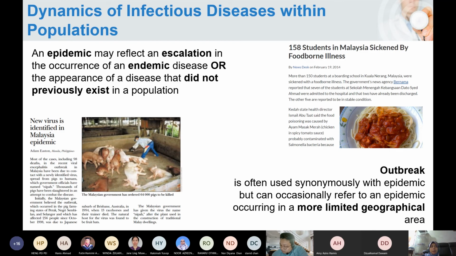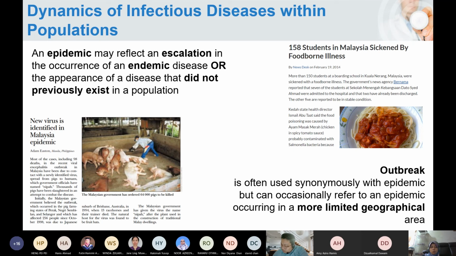Epidemic, what is epidemic? Reflect escalation in the occurrence of an endemic disease. We are having dengue, but suddenly ada surge naik daripada baseline dia. A median number of cases, that is epidemic, or occurrence of disease that did not previously exist in population.